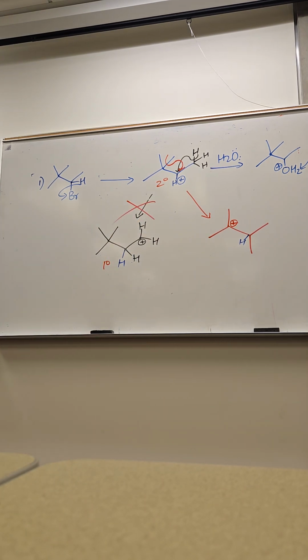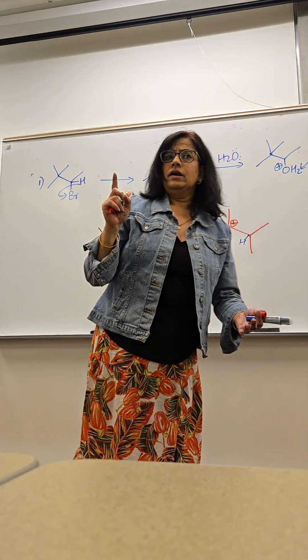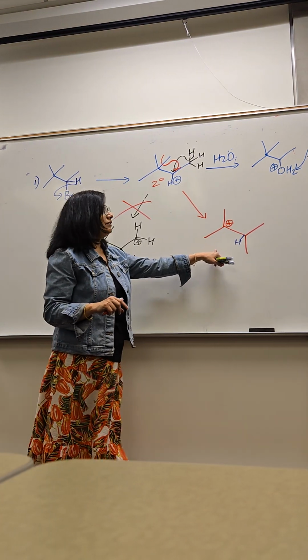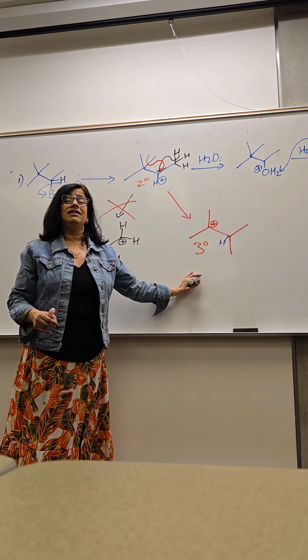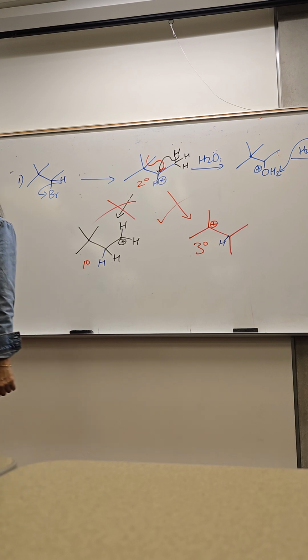That's the goal. If a more stable is becoming less stable, why? No need. Agreed? What about this guy? What kind of carbocation is this? Tertiary. Is that becoming more stable from before or less stable? More stable. Absolutely. Carbocation rearrangement goes towards higher stability.